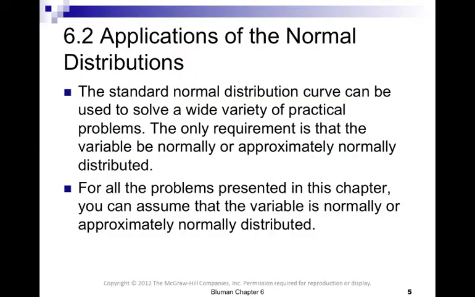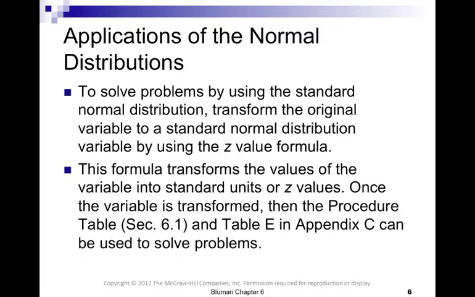We can solve a lot of practical problems, and a lot of data fits this normal distribution, which is what this is saying. And all the problems in this chapter, you can assume that the variable is normally or approximately normally distributed. And sometimes the problems even say that the data is normally distributed. So let's go on.